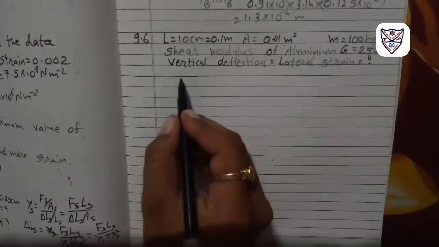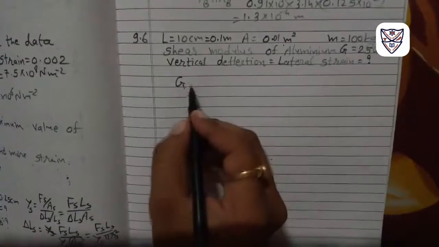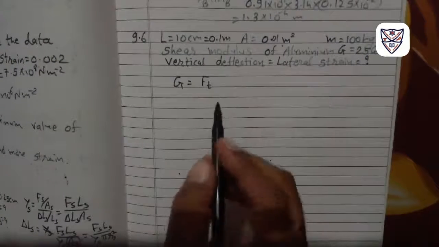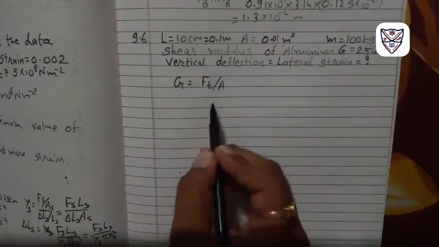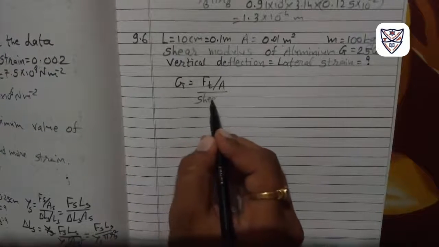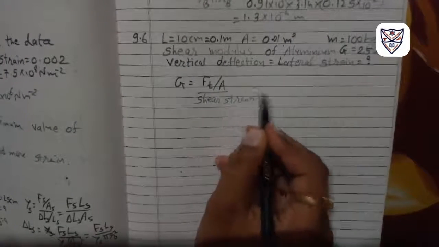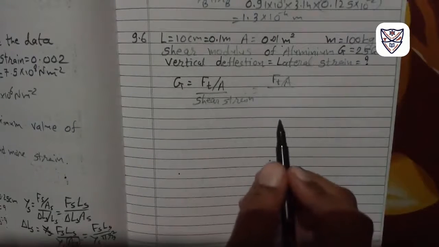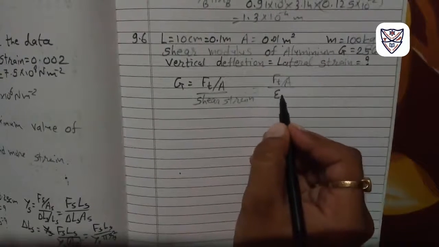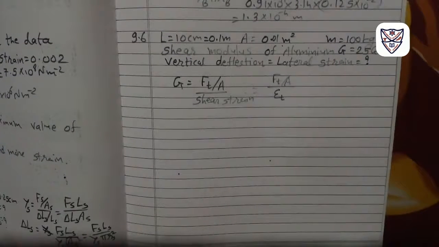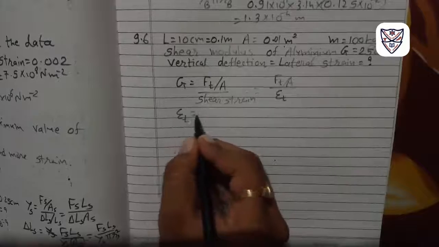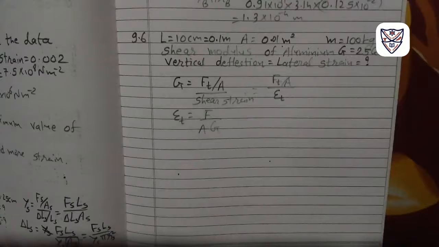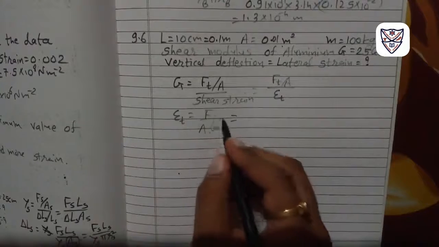So start from shear modulus G, which is tangential stress, meaning tangential force Ft upon area, upon shear strain. So shear strain, that we need to find, Et is equal to F upon A into G. What is F here?